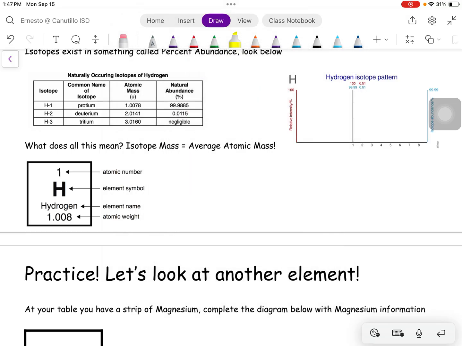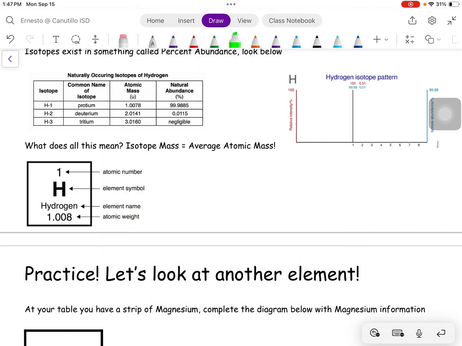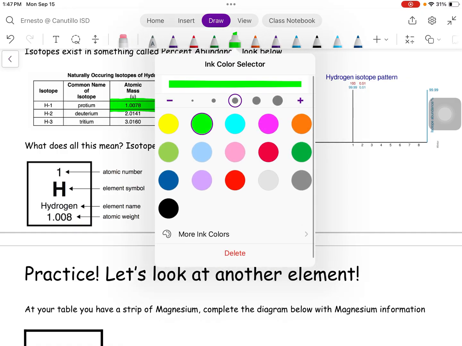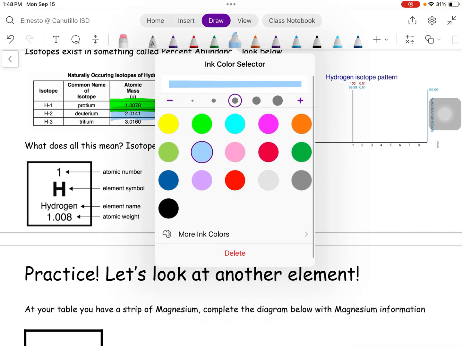So for hydrogen 1, we have 1.0078, okay? Then we have hydrogen 2, and then finally we have hydrogen 3.